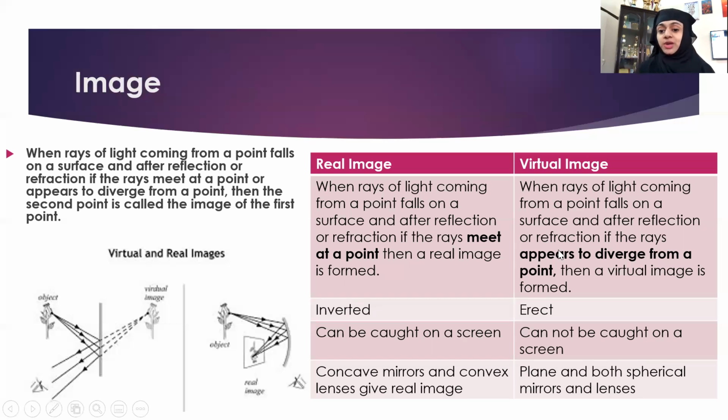Virtual images will be erect and they cannot be caught on a screen, they can be just viewed, and all kinds of lenses and mirrors can form virtual images depending upon where we keep the object. So that's all for lesson 1.